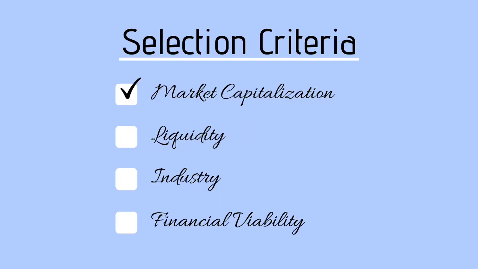The committee responsible for the selection will take into account the company's market capitalization, liquidity, sector classification, company's financial viability, and more. So it isn't as simple as just picking the 500 largest companies by market cap.